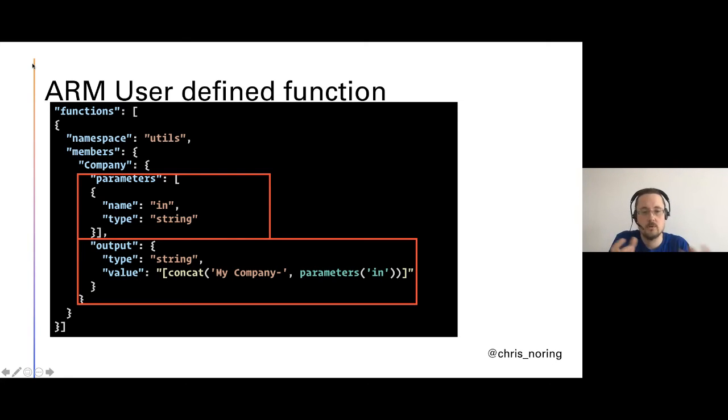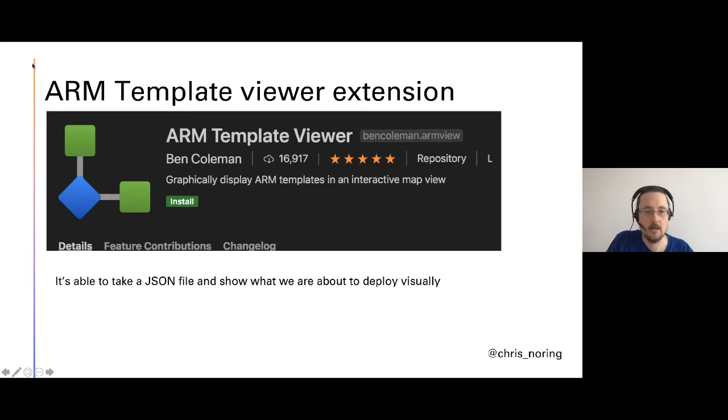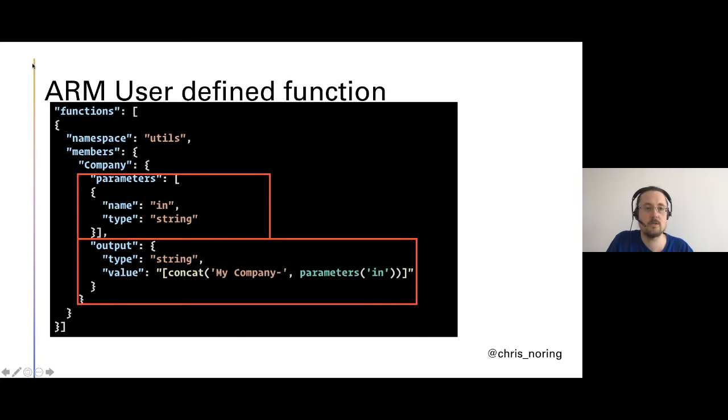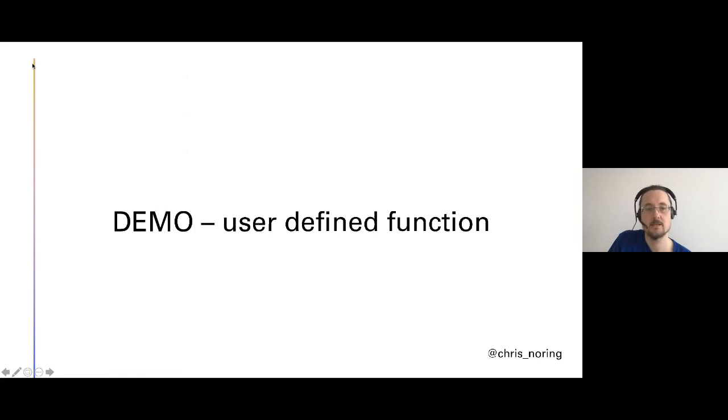So what you're doing is to concatenate my company dash with whatever that input parameter is, and you return that out. But you can be doing way more complex things. I'm just showing you something very simple so you understand what goes on. And to call this, you would simply say utils.company and then provide an input parameter inside of this.